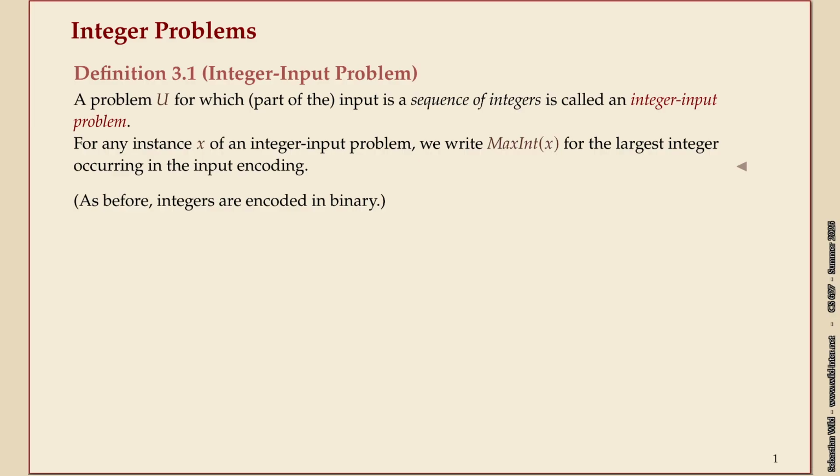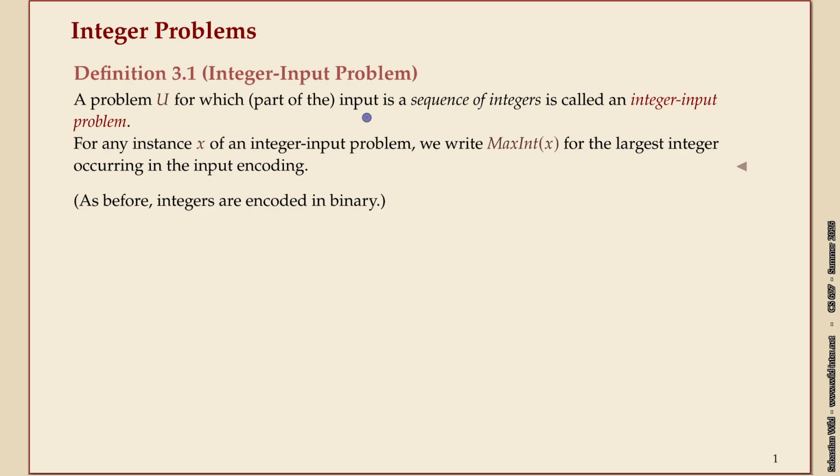This is a lightweight and slightly vague definition. An integer input problem is just some problem, which can be an optimization problem or a decision problem, where part of the input, the instance, consists of numbers. Formally you could say it's some arbitrary string and then a sequence of integers.